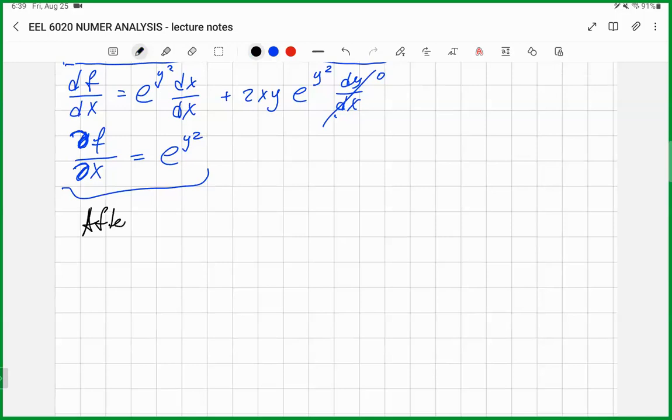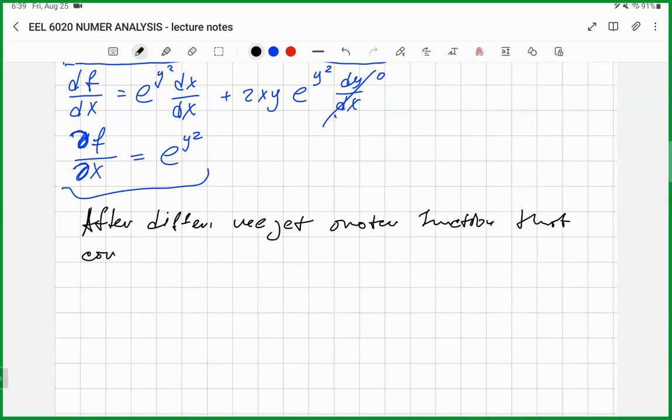After differentiation, we get another function that can be further differentiated.